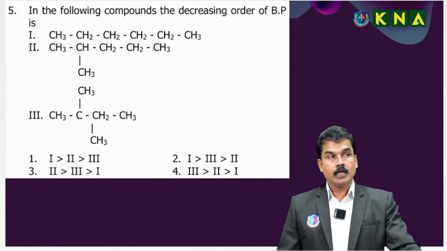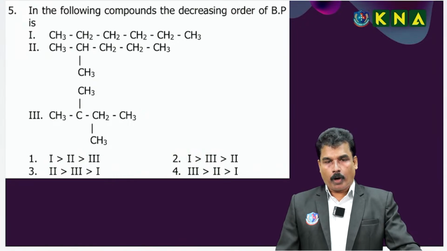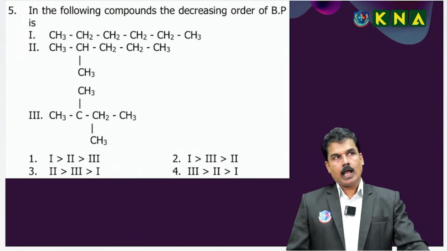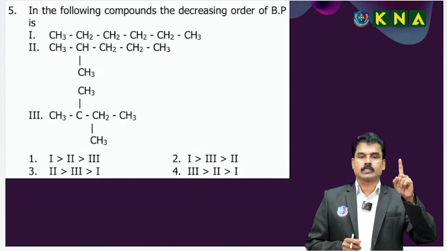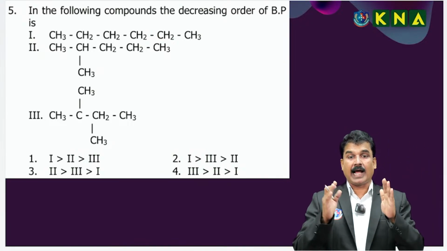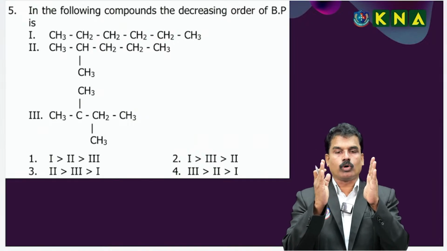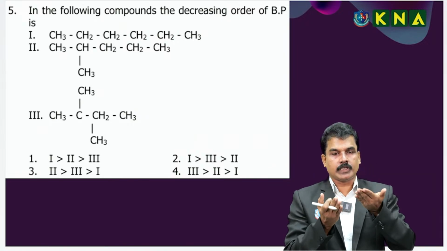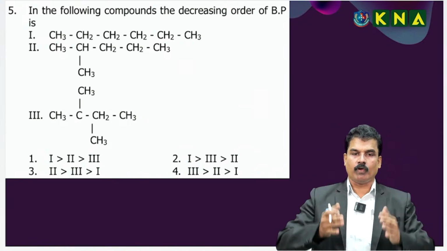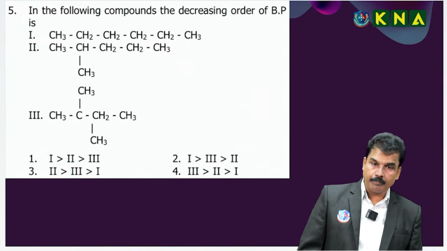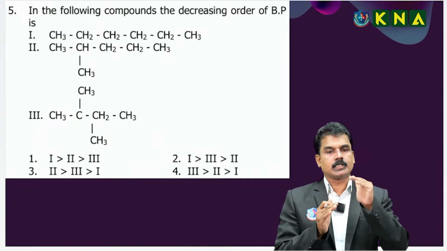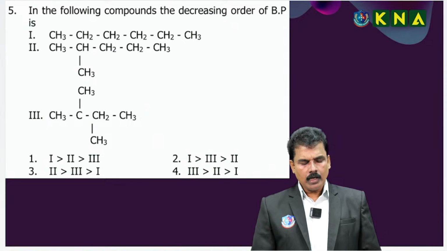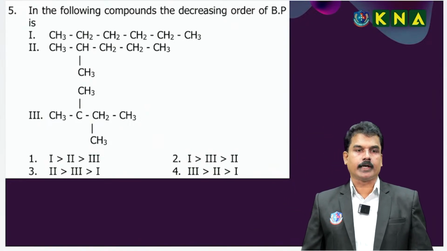The general thing regarding boiling point is, as the branching increases in any organic compound, the surface area will decrease. Surface area decreases means its rate of vaporization will increase. That means branching increases, boiling point decreases.